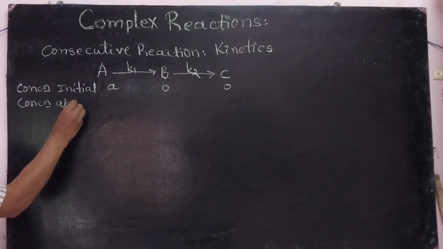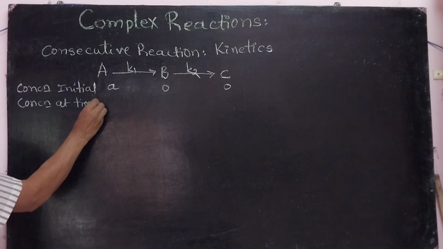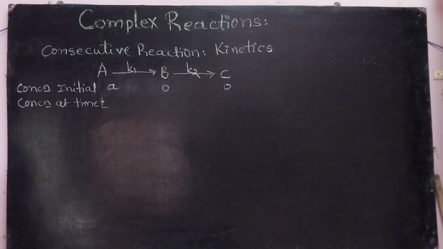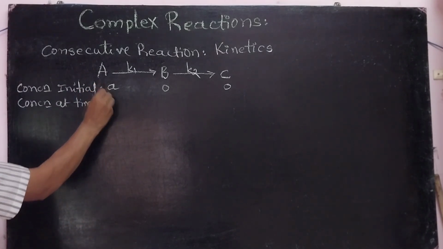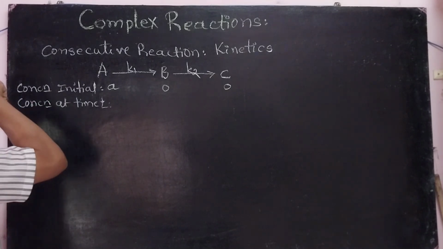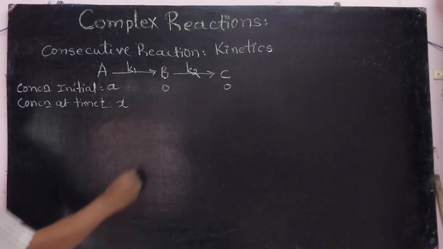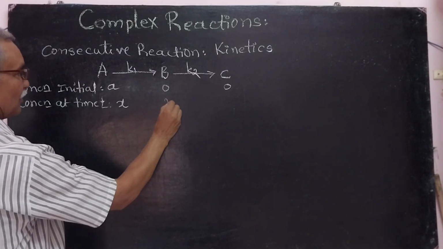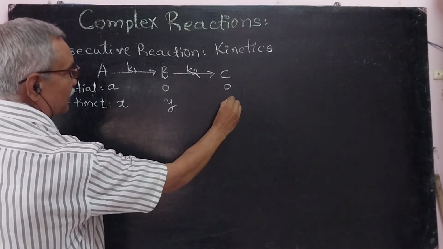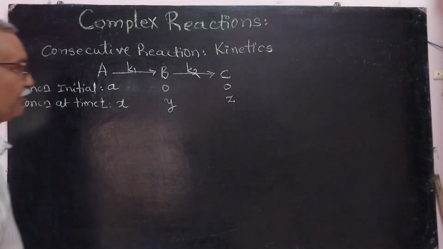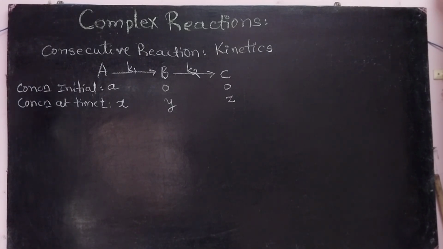At time t, the concentration of A becomes X, the concentration of B becomes Y, and the concentration of C becomes Z.